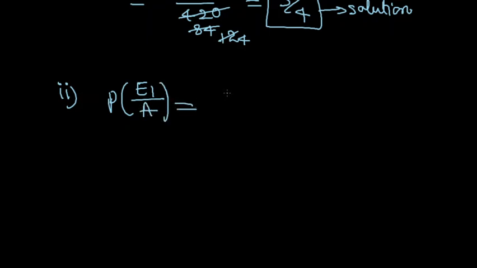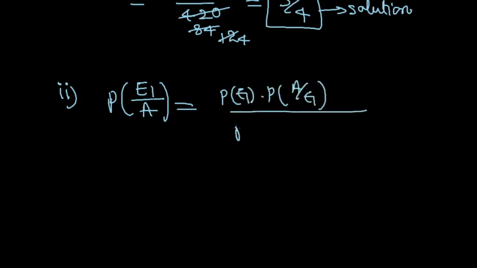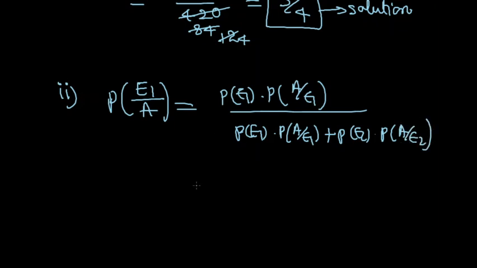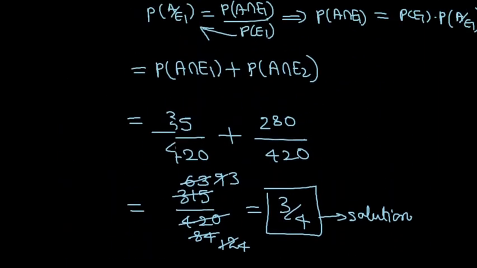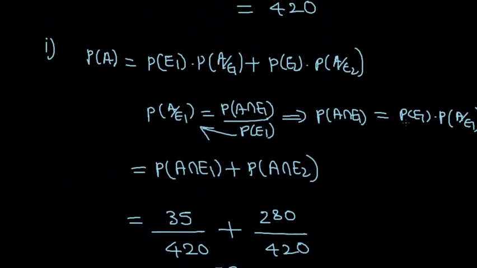According to the Bayes theorem, it is P of E1 into P of A by E1 divided by P of E1 into P of A by E1 plus P of E2 into P of A by E2. Just now we wrote that P of E1 into P of A by E1 is P of A intersection E1.